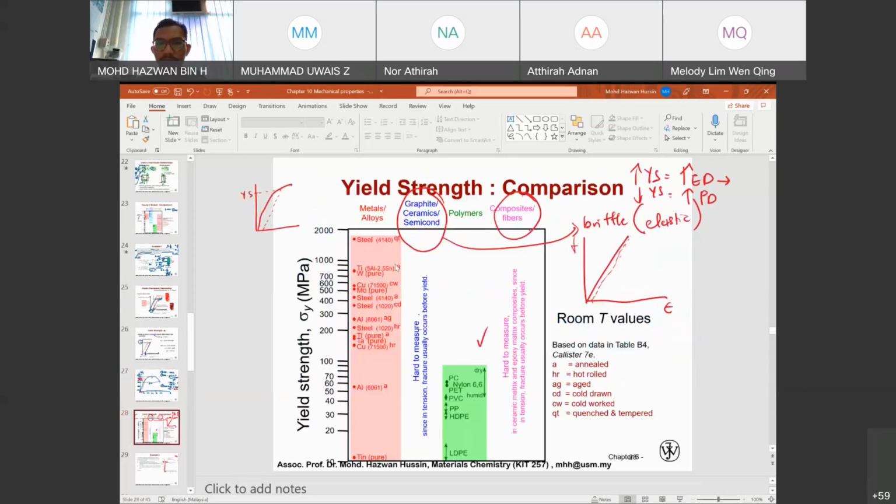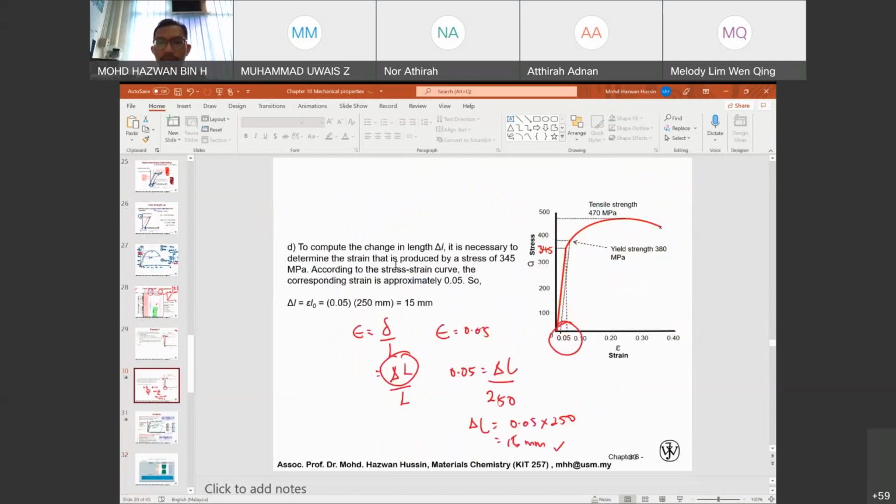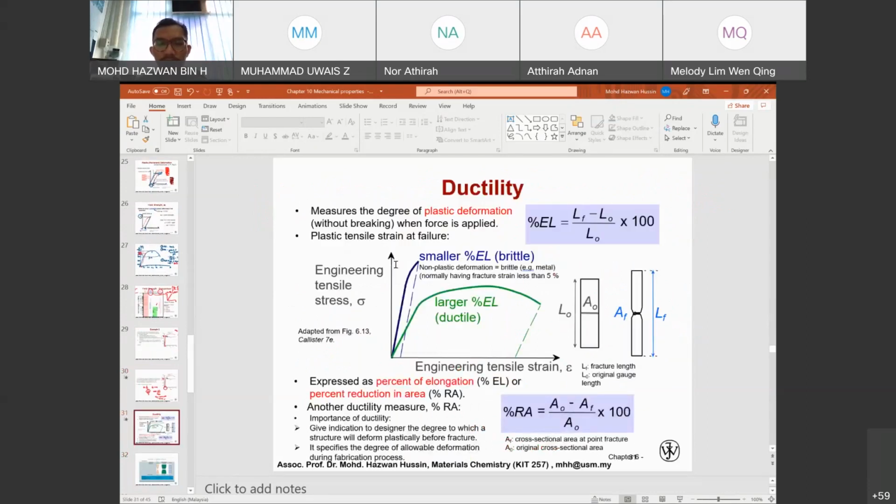Other than that, we also looked through other examples, and we also learned about ductility. Ductility can be calculated based on the percentage of elongation and also reduction in area. From these two values, you can identify whether the material is ductile or less ductile.